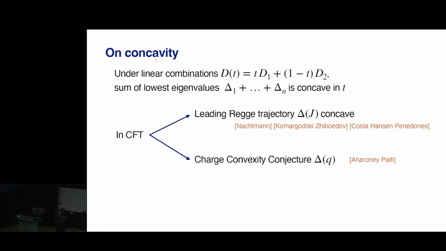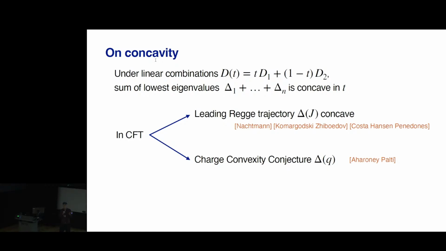So this is actually a rather natural result, because if you just take linear combinations of operators, it's a general fact that the sum of the lowest n eigenvalues is concave for any n. And we already see this kind of thing in CFT as a function of spin. So the dimension of the lowest lying operator of a given spin is known to be a concave function of spin.